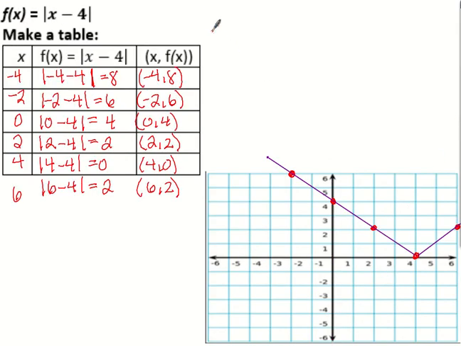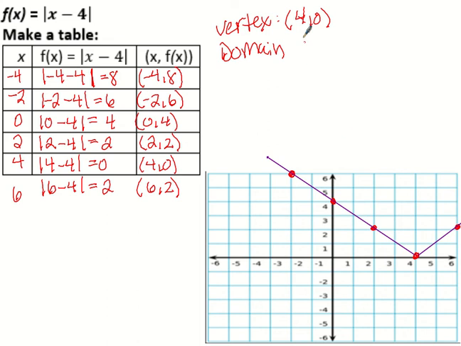Okay, so all of these things transform our parent function. Now my vertex is at 4, 0. My domain actually is still all real because it's going to continue both directions. It's just starting at a different spot.